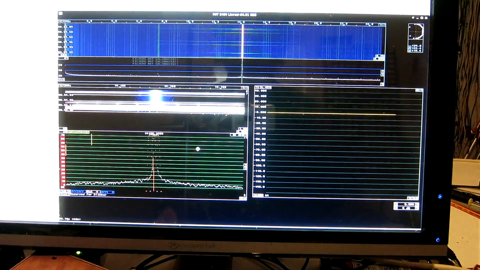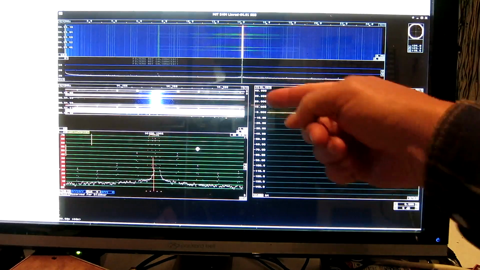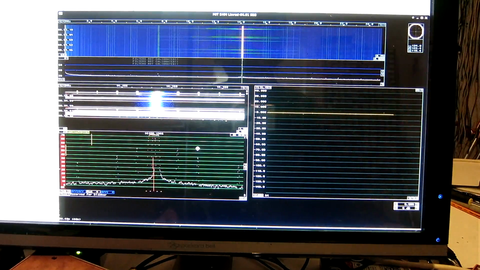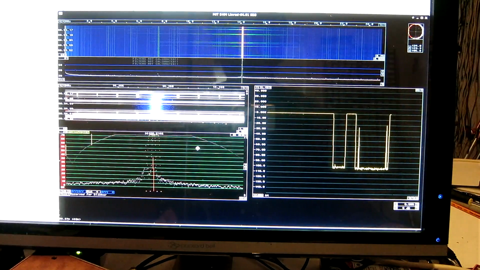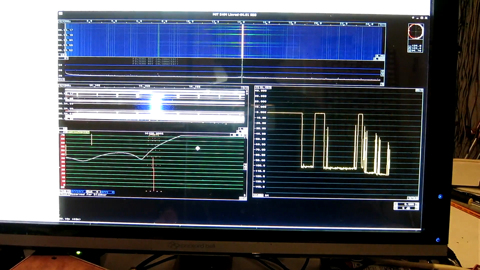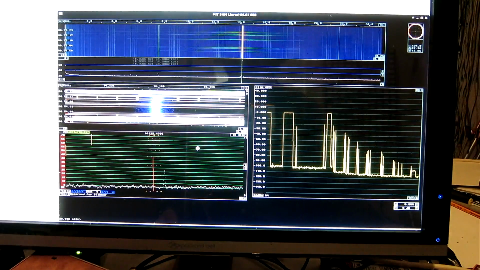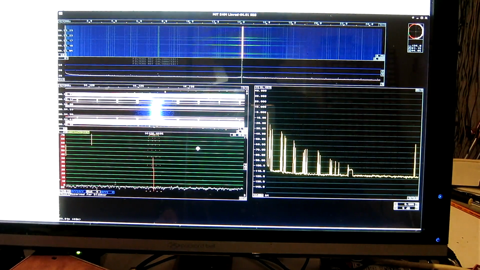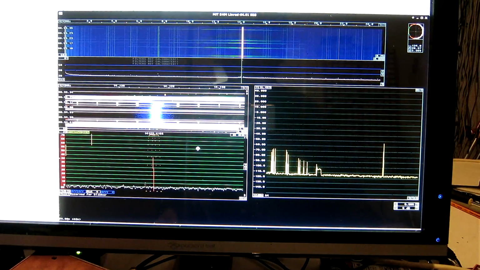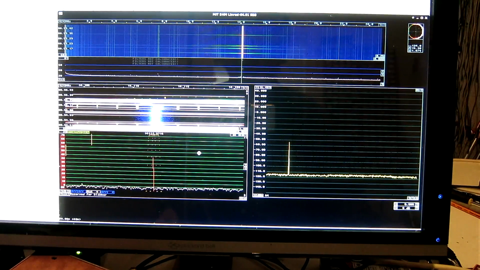And I step away a little bit. Here is the step size, which I control with the mouse wheel. And here is a spur, which I don't think is a resampling spur. It's something that belongs to the sound card, to the PCIe card, or it could be something with the test oscillator, if it picks up something.